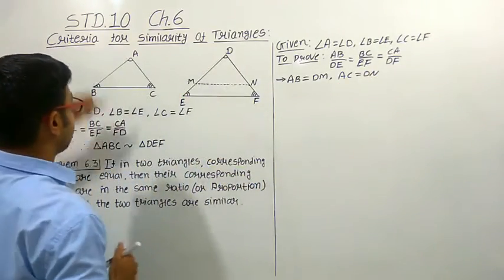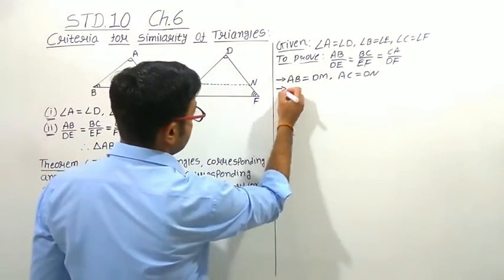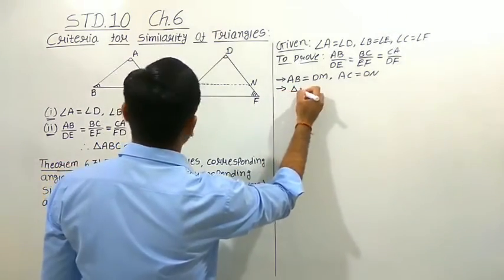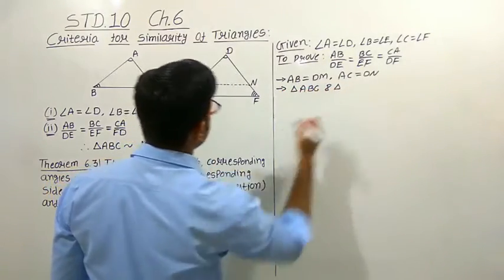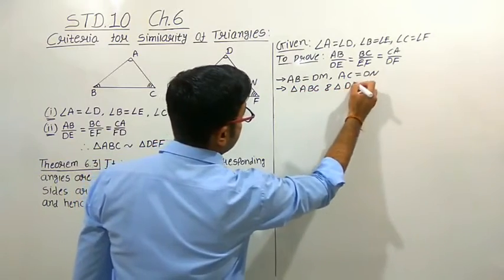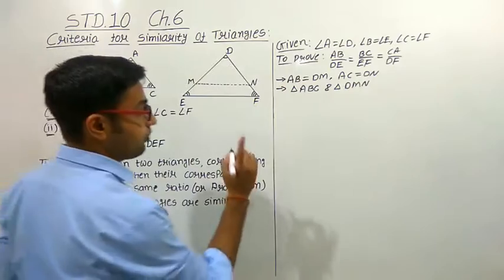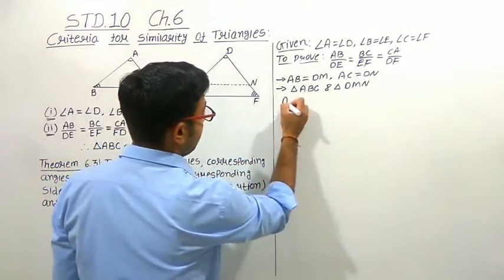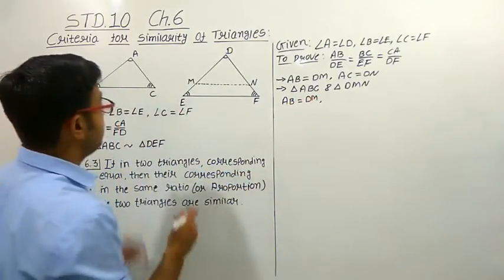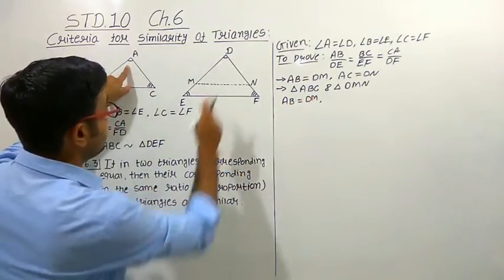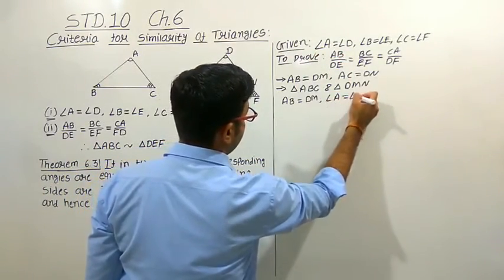Now see the two triangles ABC and DMN. In both triangles, we have three conditions. AB is equal to DM. Angle A and angle D are equal, that is given.